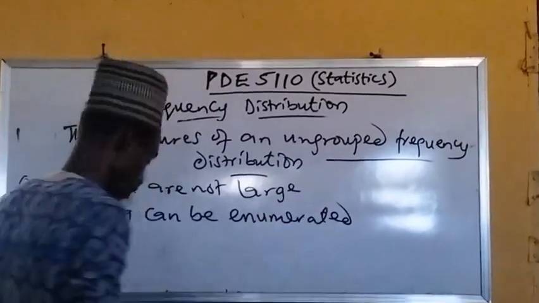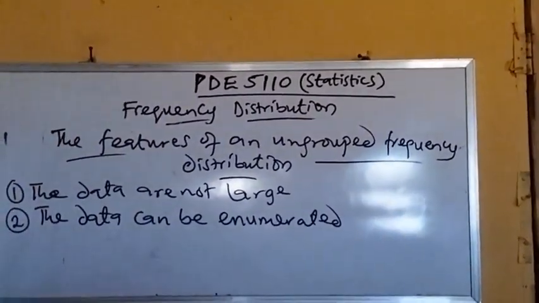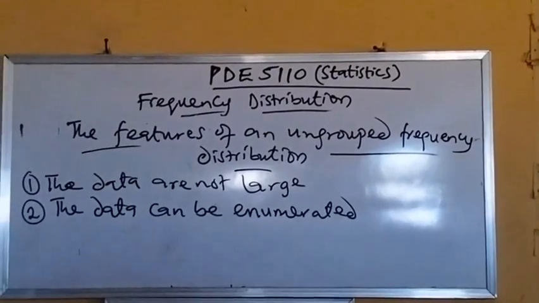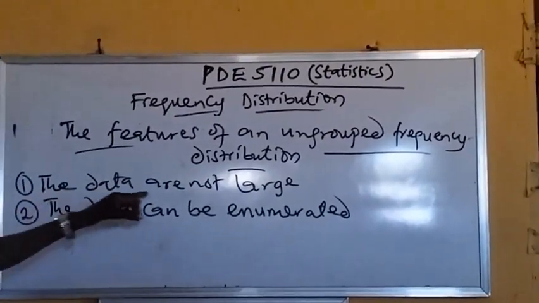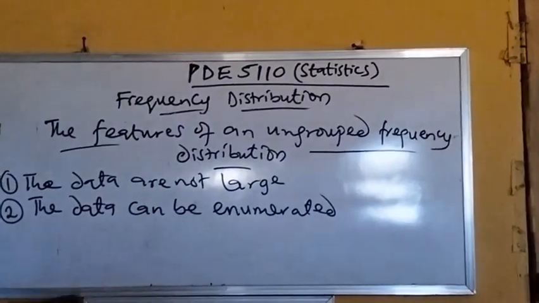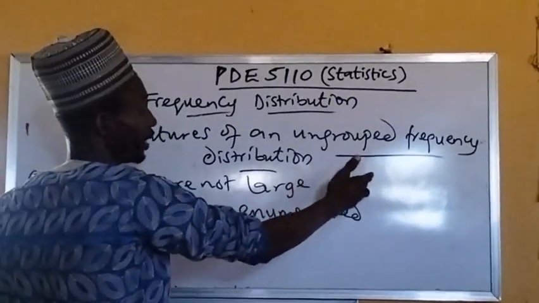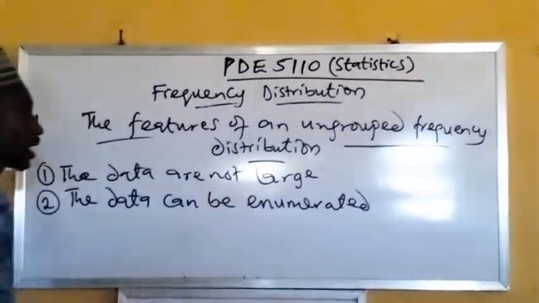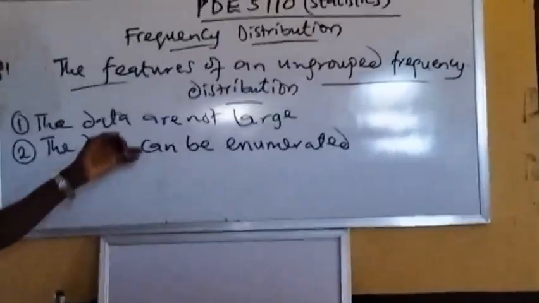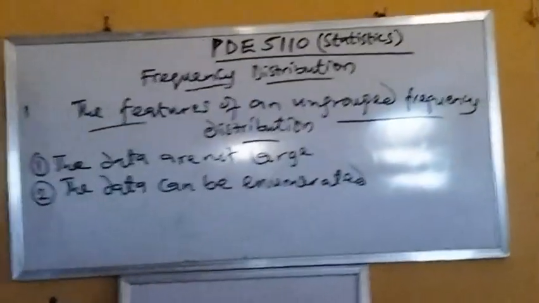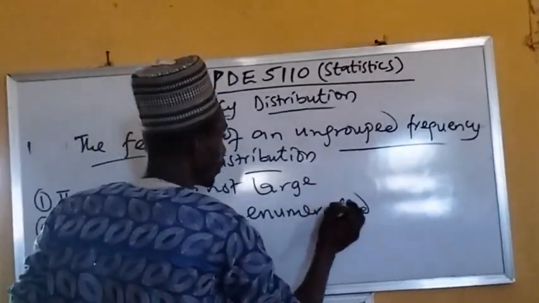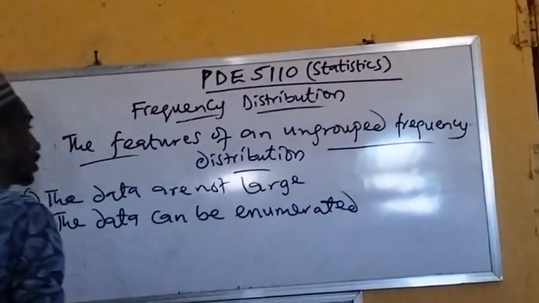That is, we can count them. And when I say the data are not large, meaning the data range between 5 and 12. That is what my lecturer told me. He said between 5 and 12.